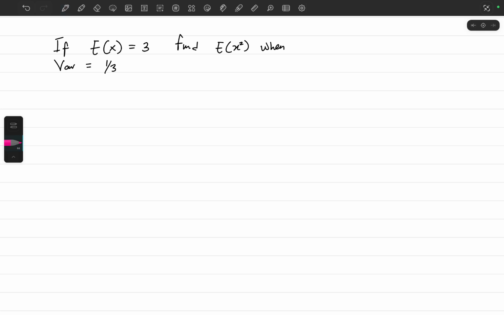The formula we use here is to say that we know that the variance equals, right, the expected value of x square minus the expected value all on square, right? So the variance is 1/3, which is the same thing as 0.333, and that equals this, which is what we're looking for, minus this expected value, which is 3, but we have to square it.